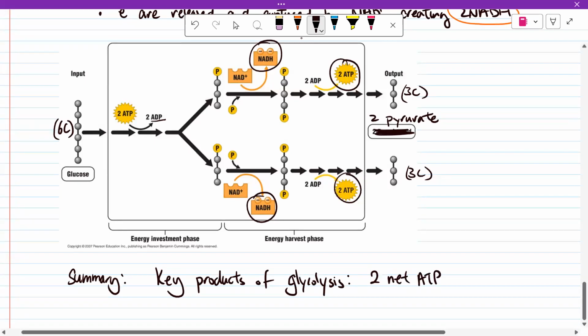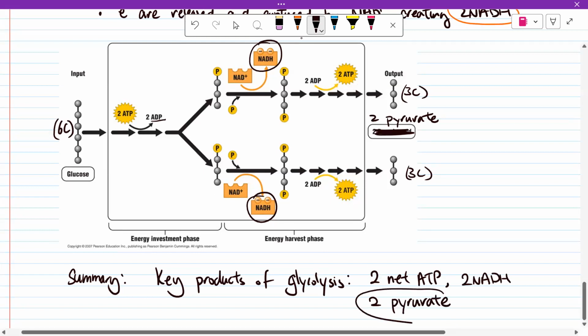I know we make 4, right? Like 2 and 2 here is 4, but don't forget you actually pay a little bit at the beginning, right? So gross production is 4. Gross is like before you take away your expenses, right? Net is just 2. And then we also produce 2 NADH and 2 pyruvate.